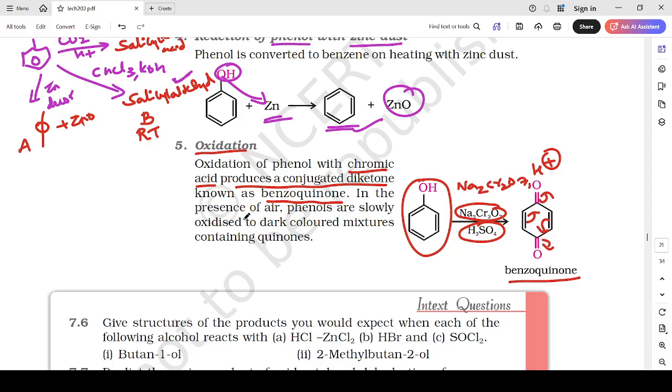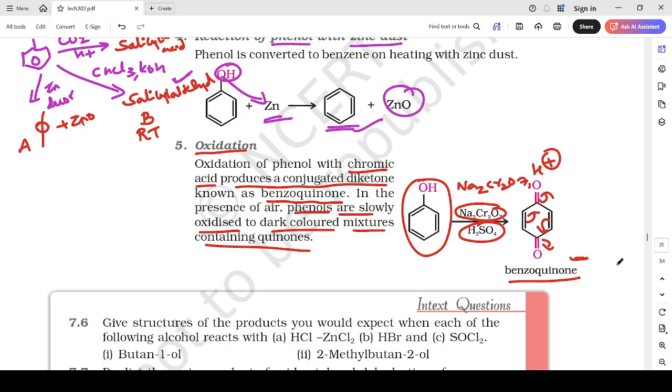In the presence of air, phenols are slowly oxidized to dark colored mixtures containing quinones. So if you keep phenols in air, they get converted into quinones. What are quinones?